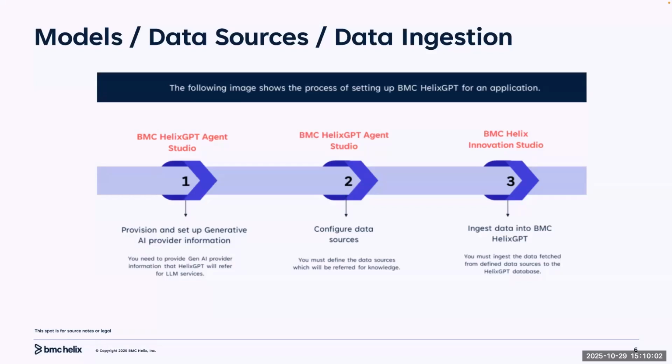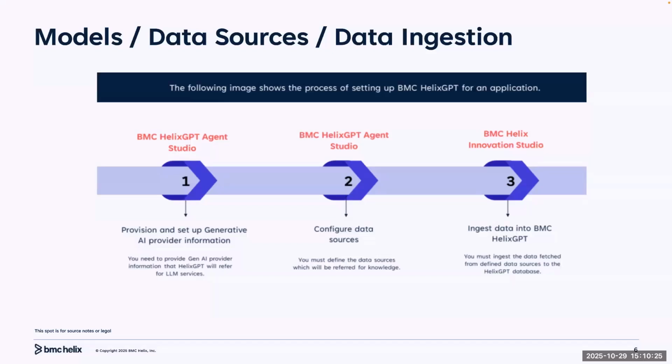This is where we will configure our large language model, prepare our data sources, and ingest data into HelixGPT. This data will then be leveraged by the large language model to provide us with answers. This is a very important step. AI is not that helpful if we don't have any data, so this is a must-do.